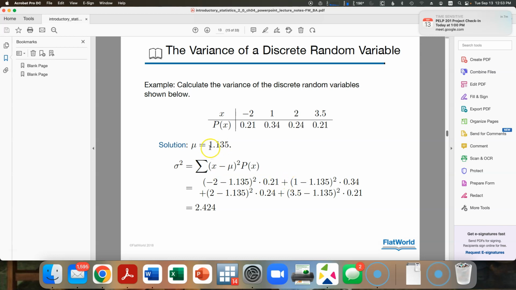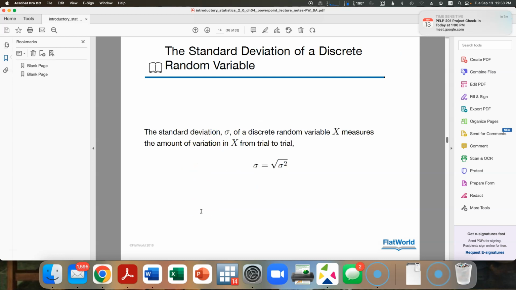So now I've solved for my mean already, and now I've solved for my variance, not the standard deviation. The standard deviation is going to be the square root of the variance.